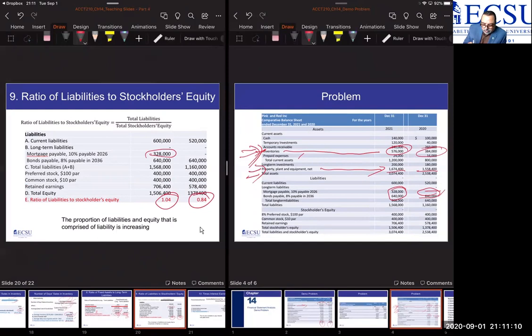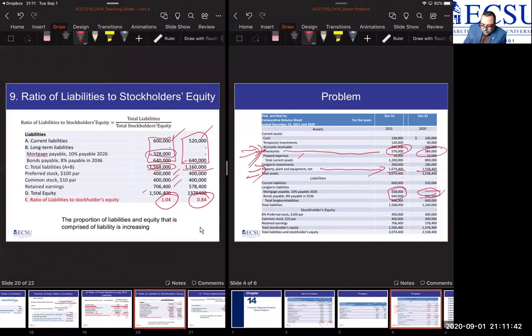So the current liabilities were 600 and 520. And then the long-term liabilities were, of course, your mortgage and bonds payable. So the total liabilities would be this amount: 1,568,000 and 1,160,000. That's what I get if I add these numbers. And then I have preferred stock and common stock and retained earnings.